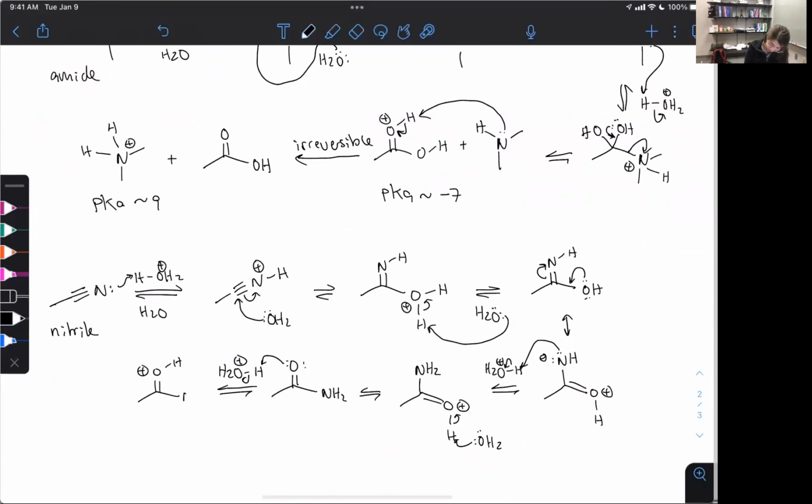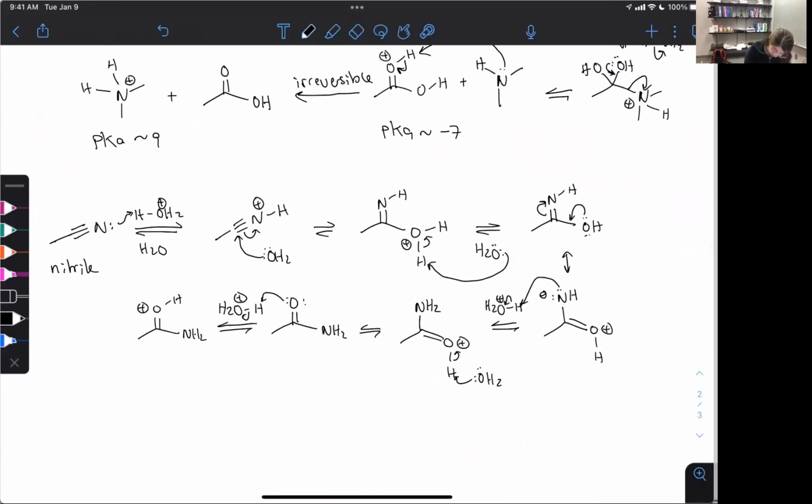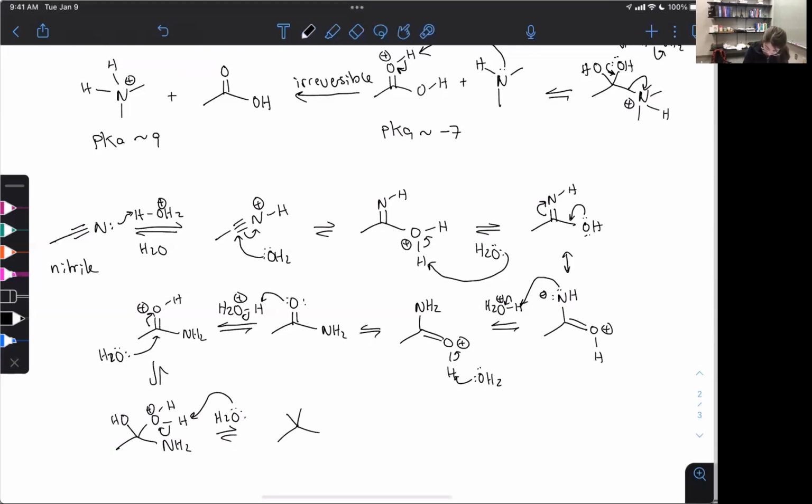Then we're ready for our water to come in and attack. Okay, we can do a proton transfer. So we're going to use water as a base to go deprotonate the oxygen.